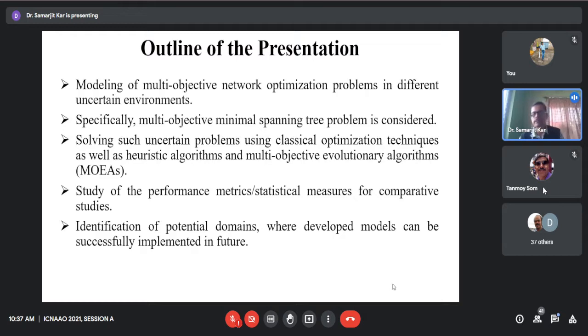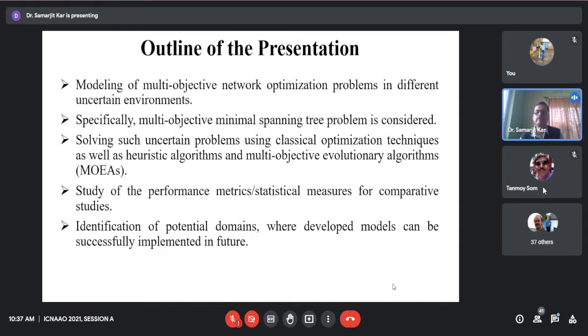In 2007, Professor Baoding Liu gave the idea of uncertainty theory, which is different from stochastic theory as well as fuzzy theory. At first, I will give you a small idea of Liu's uncertainty theory. Then I will show how we develop this type of multi-objective network optimization problem, especially the minimal spanning tree problem.